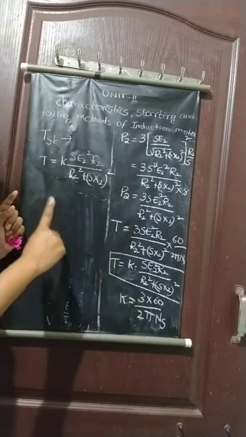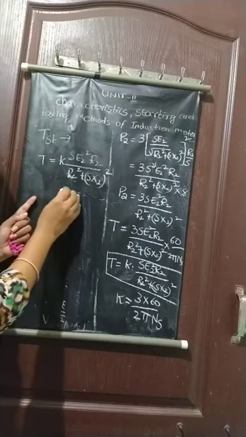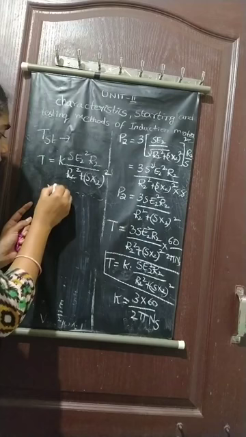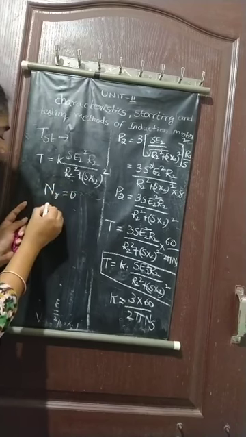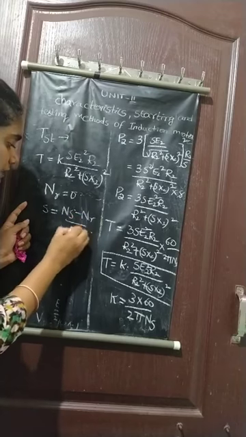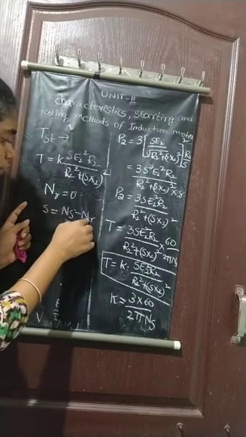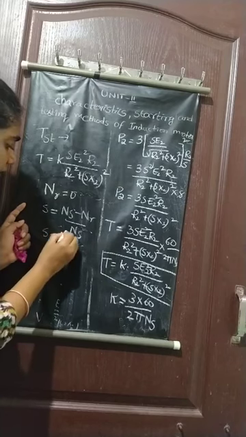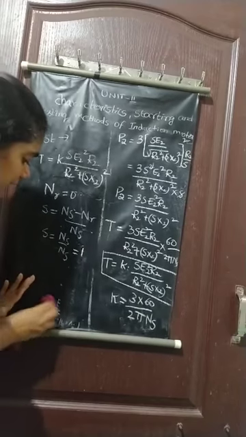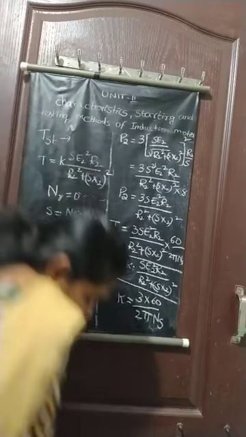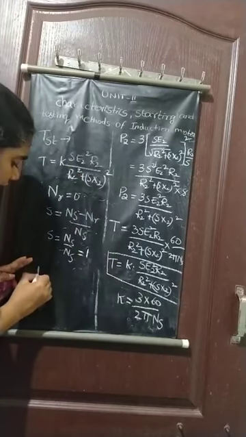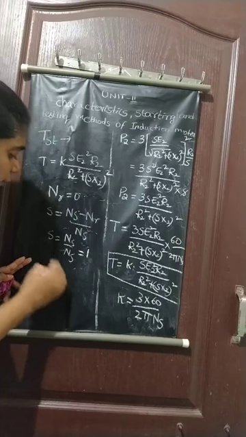In the starting condition of the induction motor, the rotor speed is 0, that means NR is equal to 0. The slip is S equal to Ns minus NR by Ns. Substituting NR equal to 0, we get Ns by Ns, so S is equal to 1.